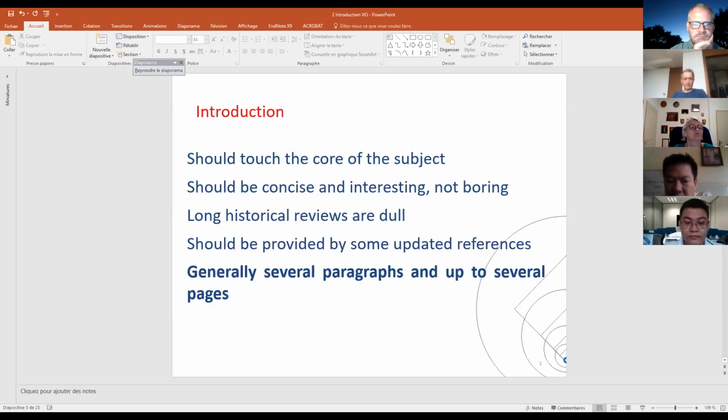You need to go to the heart of the subject. It needs to be clear, and it needs to be concise and, if possible, interesting. Avoid boring, avoid blah, blah, blah, pages and pages and pages. Nobody reads that anymore. We have so much information now.